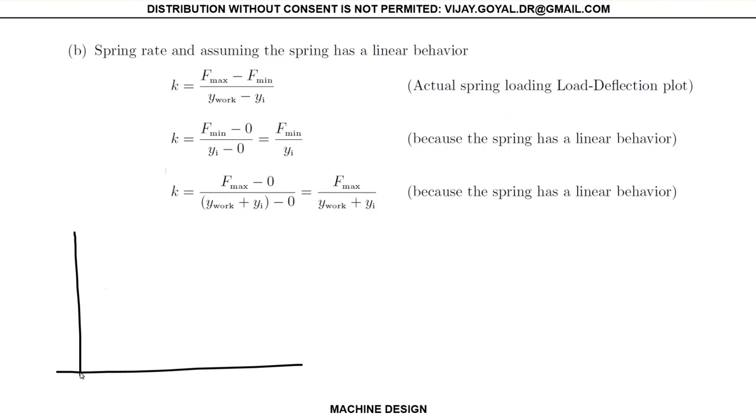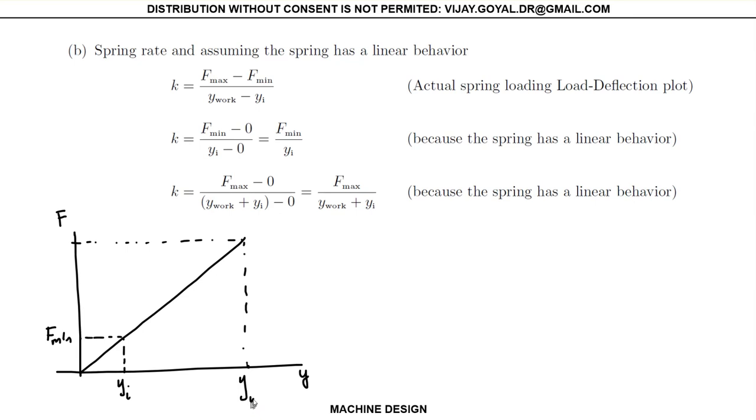What you really have in the problem is a linear spring, completely linear. The working is never from zero. You start working at a preload, that's F minimum and Y initial, and then you will have another load up here, which is the maximum working load, Y work.